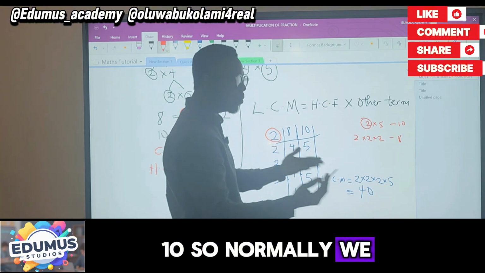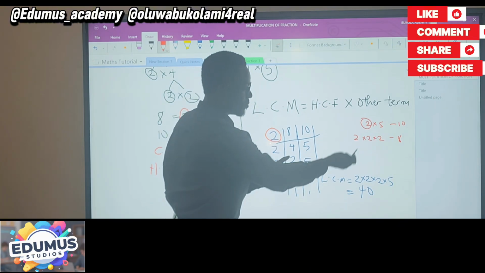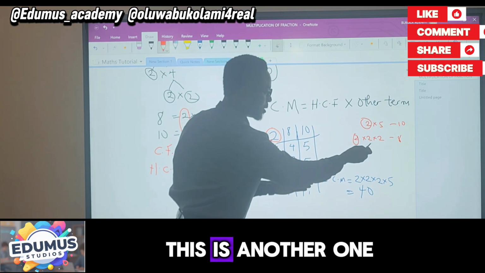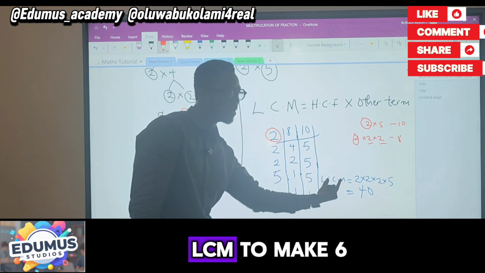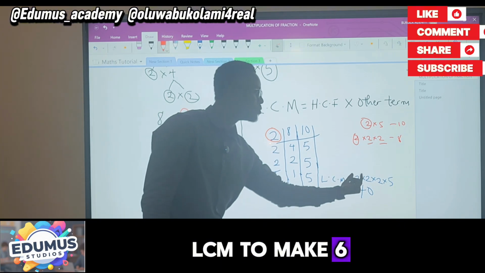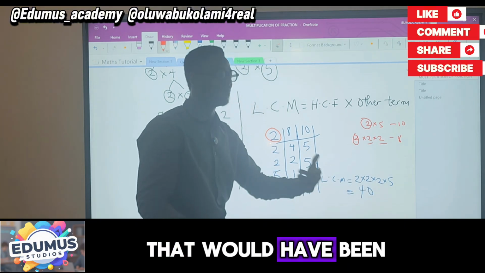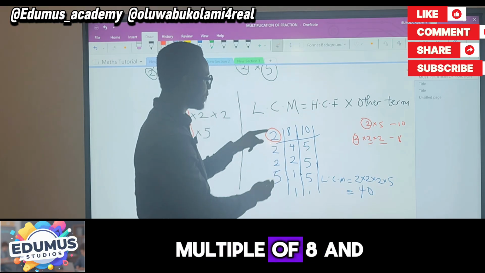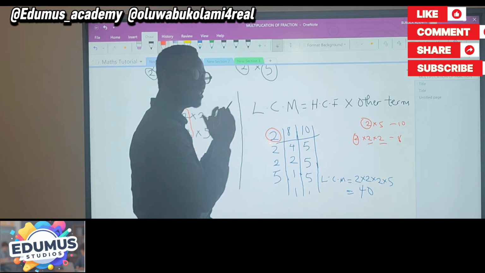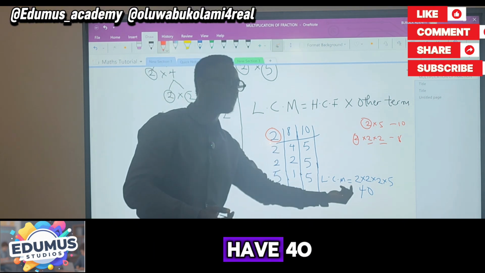So normally, we would have had 4 2s here. We would have actually had 4 2s in this LCM, 2 times 2 times 2 times 2, 16 times 5. That would have been 80. 80 is a multiple of 8 and 10, but it's not the lowest common multiple, as we have 40.